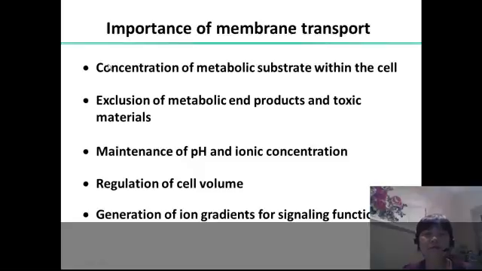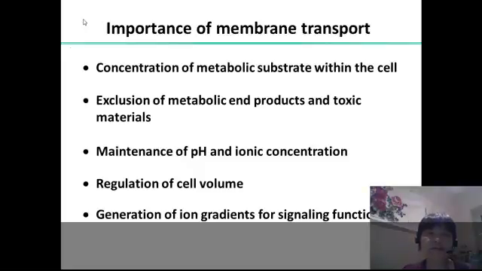So first of all, why are we studying membrane transport? How important are they? As we know, the cell membrane is a boundary of a cell, and the substances within the cell will have different concentration from the substances outside of the cell.